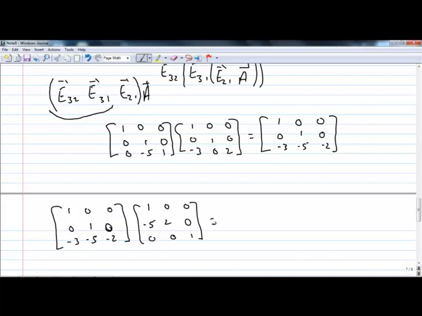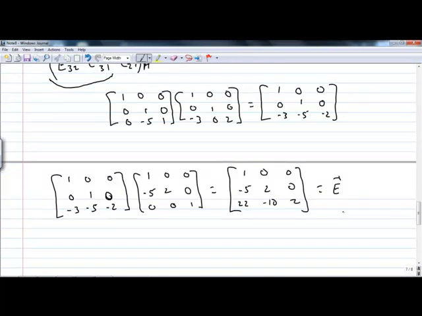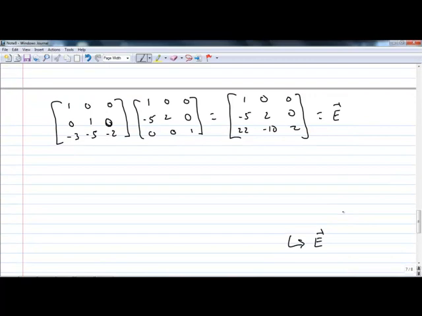And that gives me my elimination matrix E. And again, this elimination matrix E is the matrix that encapsulates all the elimination steps.